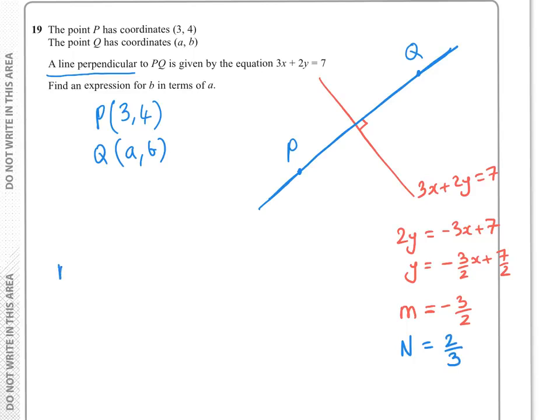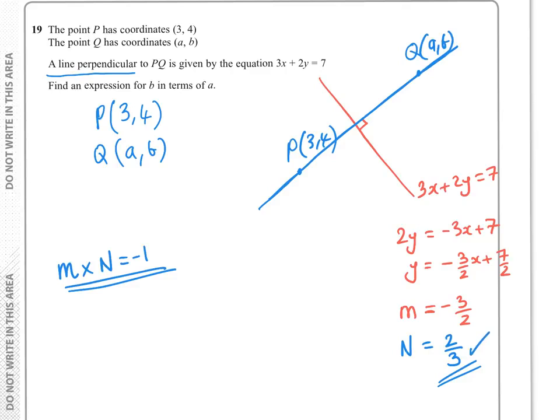Now basically, if you have a gradient and you times it by the normal, you're always going to get minus 1, and you can look on other videos on YouTube or Google to see why that is the case. So we know the gradient here is 2/3, but if P was 3, 4 and Q was a, b, then how do we find the gradient? Because we know what it is, but how do we find it using the coordinates?